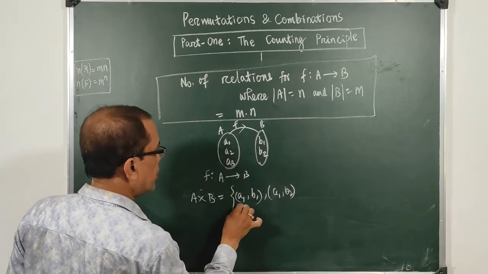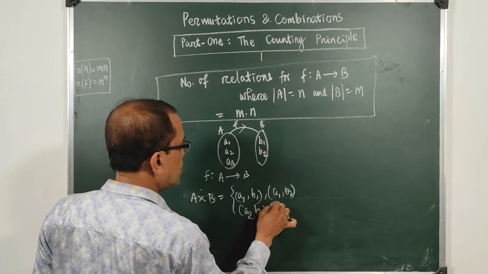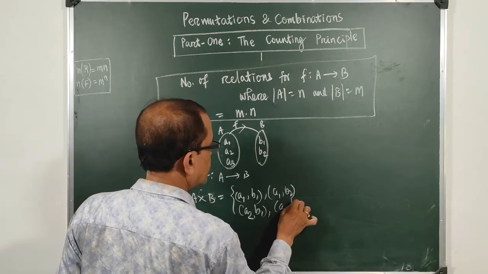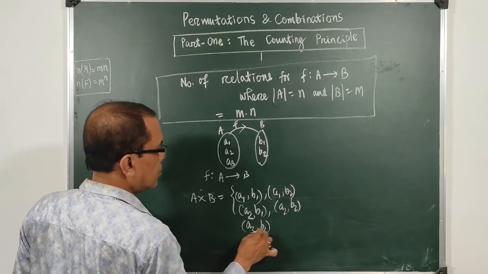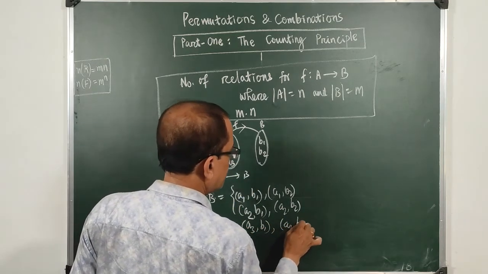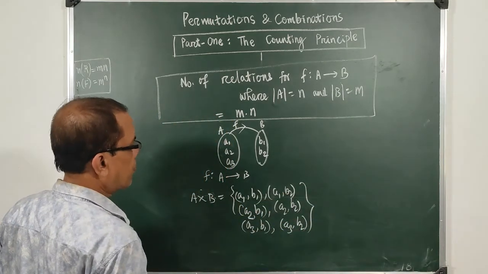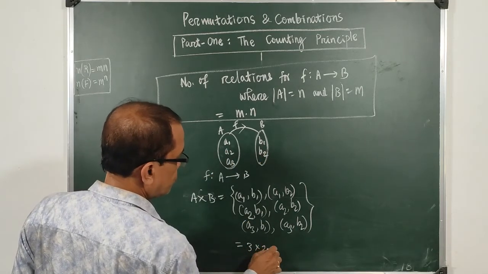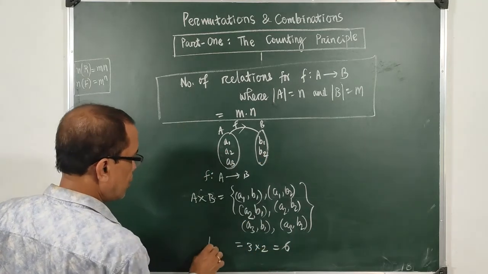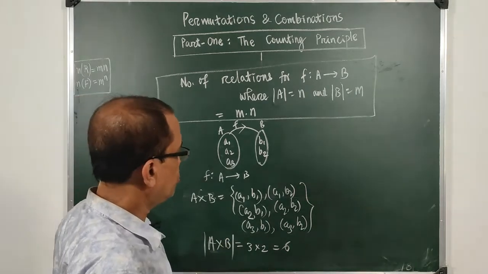Similarly with a2 we get a2 b1 and a2 b2. For the third one we get a3 b1 and a3 b2. So we have 6 pairs, which is equal to 3 into 2. So the cardinality of A cross B becomes 3 into 2, 6.